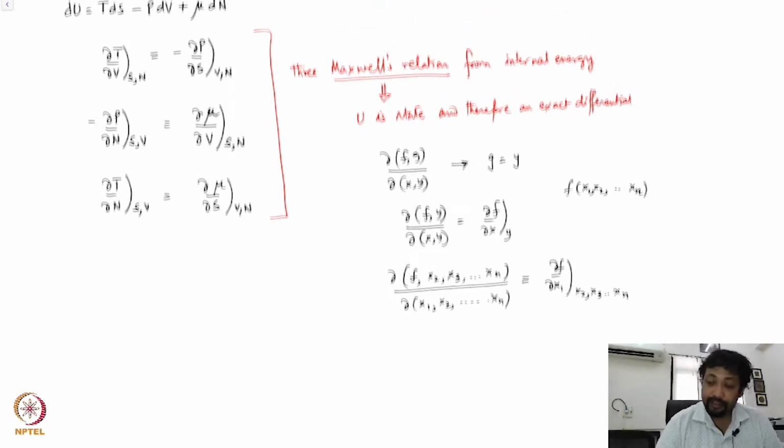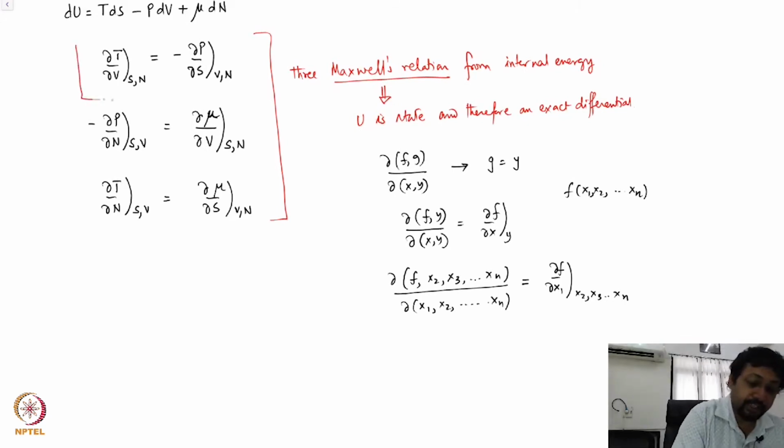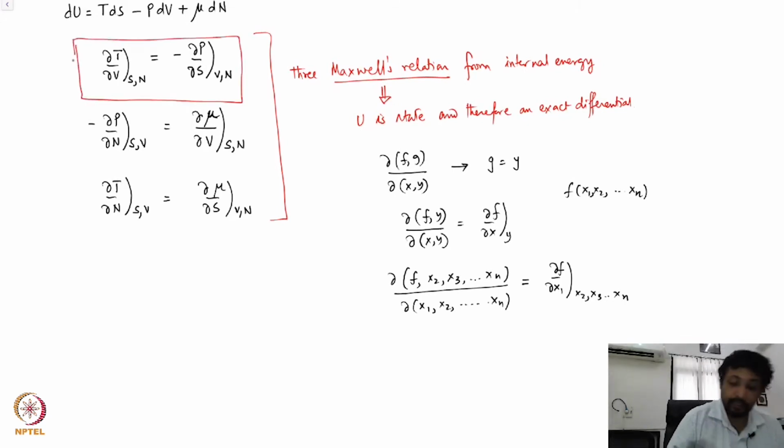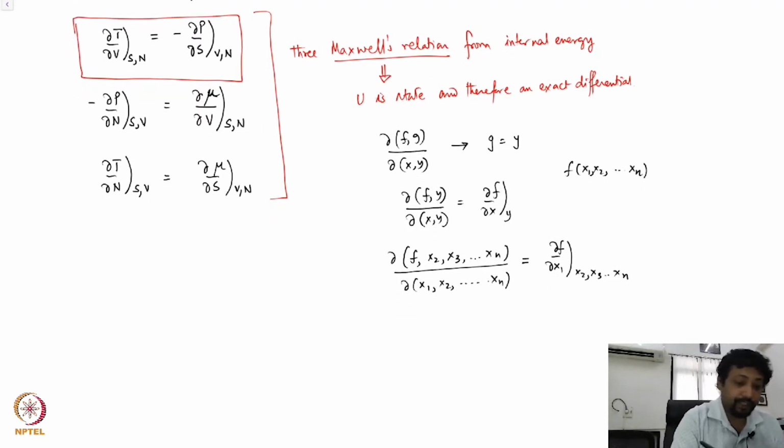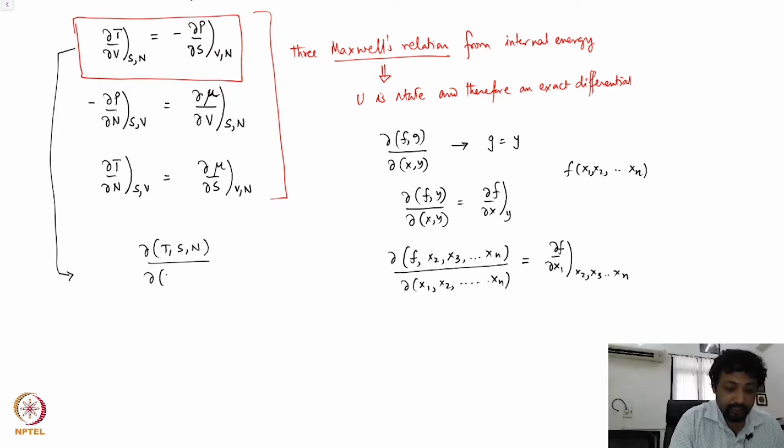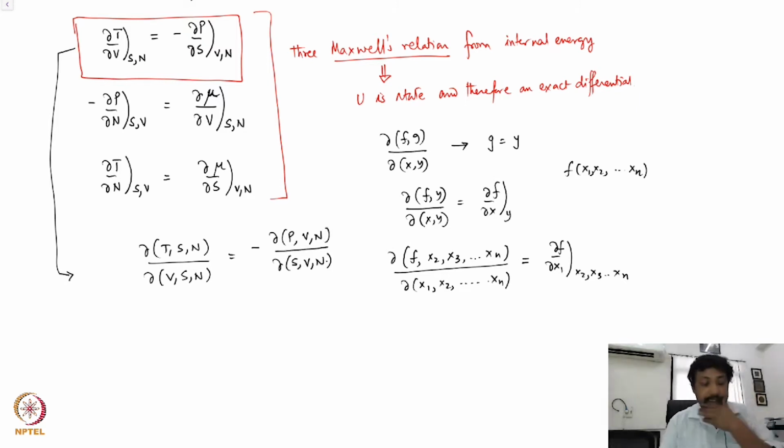I want to apply this over here. So let's look at the first equation, and I want to write it down in the following way. Del of t comma s comma n, del of v comma s comma n is equal to minus del of p comma v comma n, del of s comma v comma n. I see that the denominator here is vsn, on the other hand it is svn, but I can alter these two.